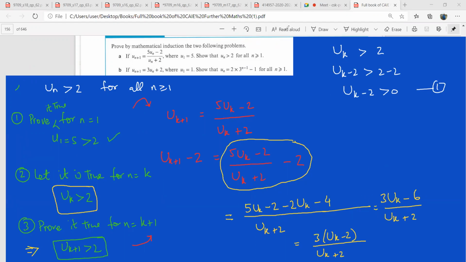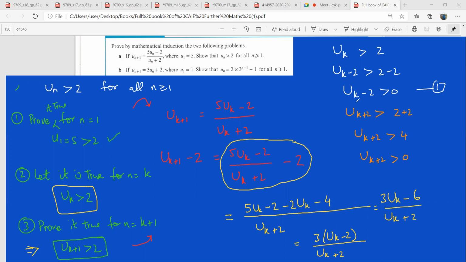Secondly, for the denominator, again uk is more than 2. If I add plus 2 on both sides, uk plus 2 is more than 4, so we can say uk plus 2 is also positive.